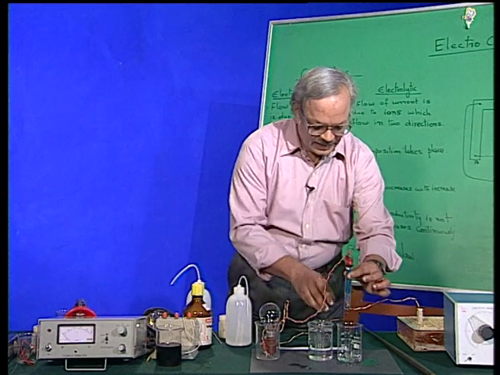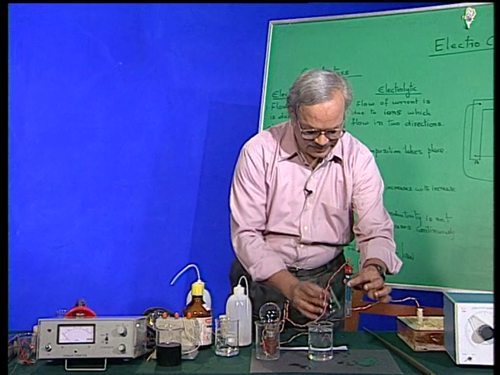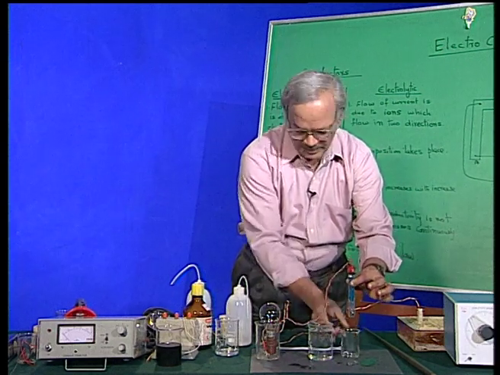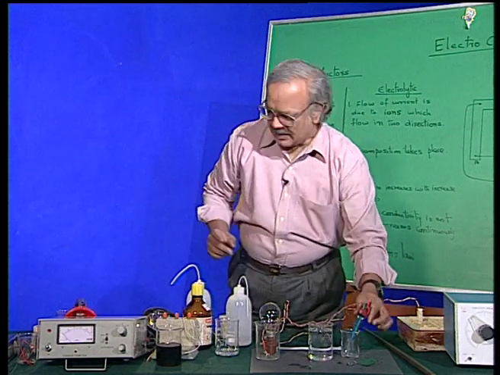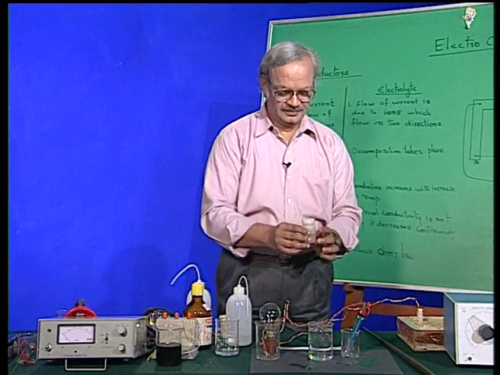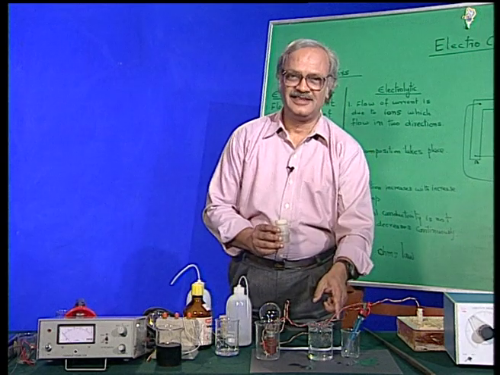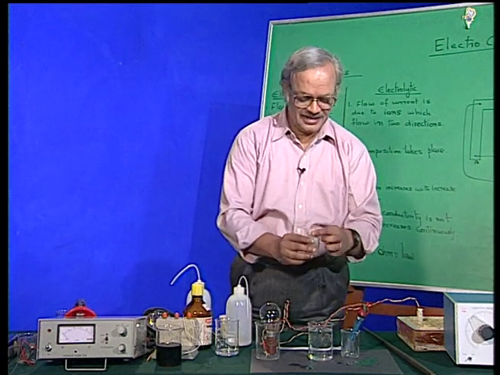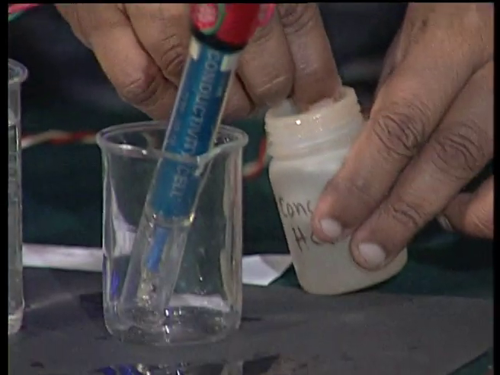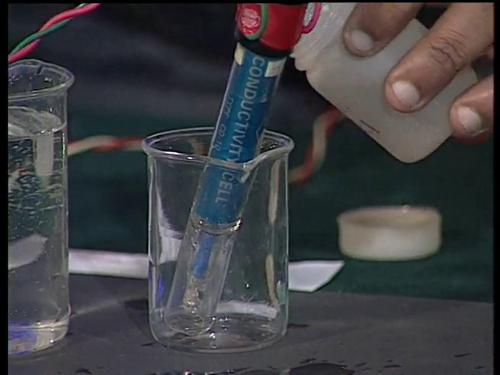Then I will keep this in another beaker, which is right now empty, and add some hydrochloric acid. The acid taken earlier was acetic acid, glacial acetic acid, an organic acid. Now, I will take a little bit of hydrochloric acid, and we will also make it a dilute solution and see what happens.